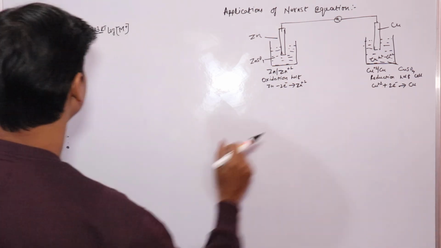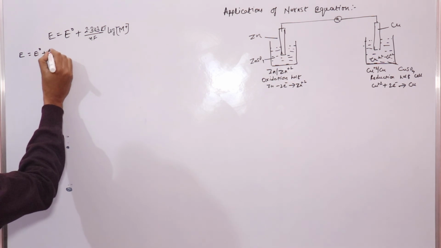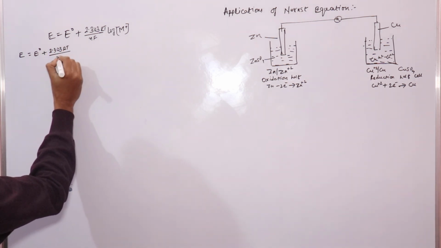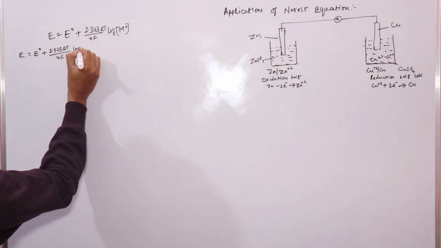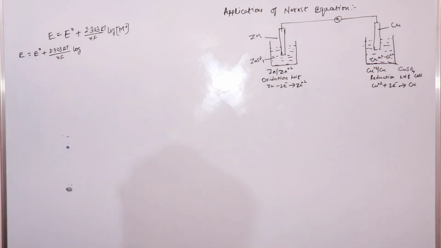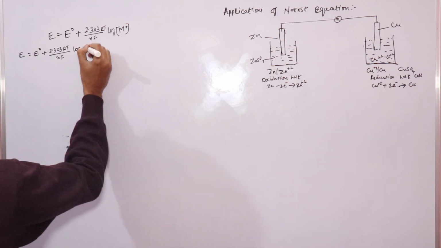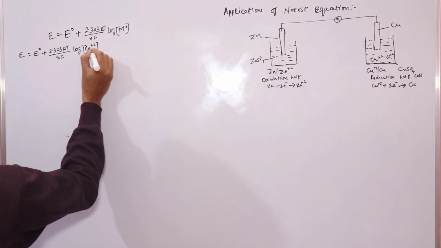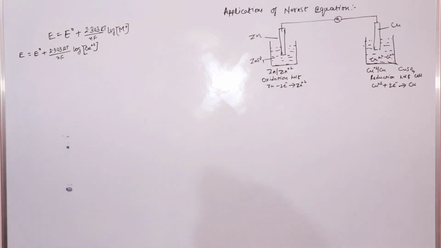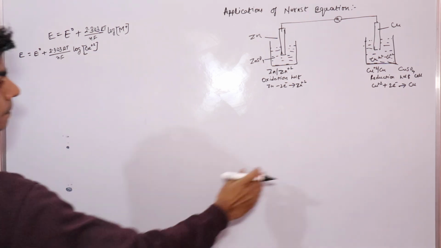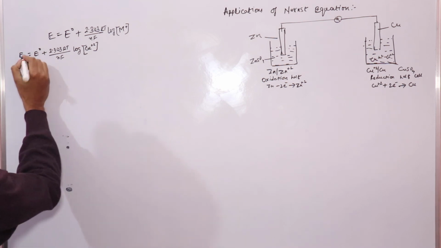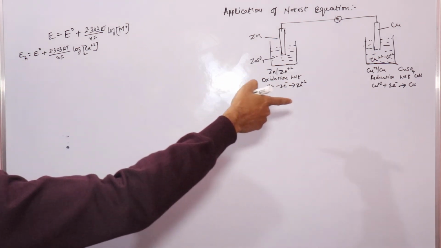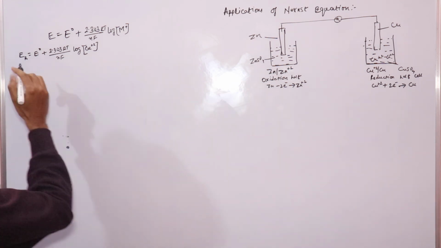For this I write the Nernst equation as E_R = E0 minus 2.303 RT upon nF log of copper ion concentration. This is your right hand electrode, where ER represents the right electrode where reduction occurs.